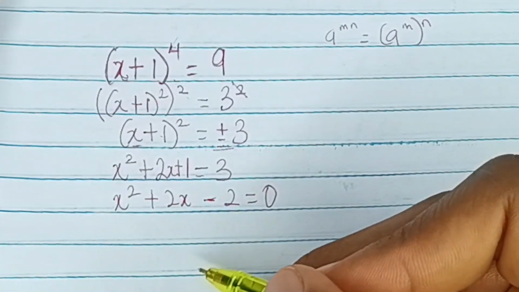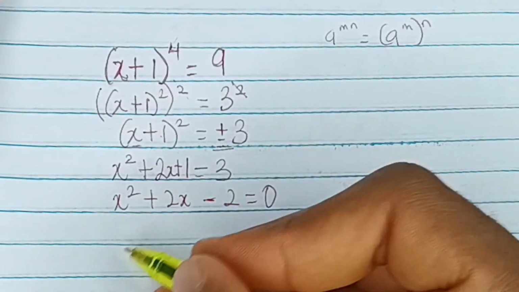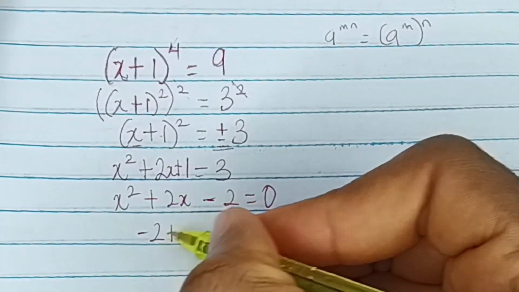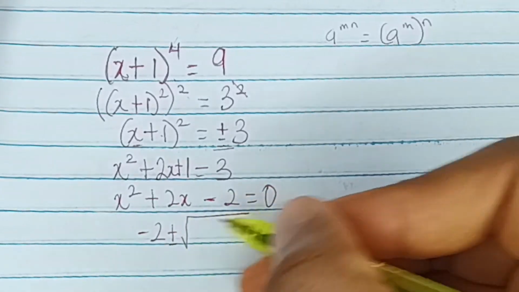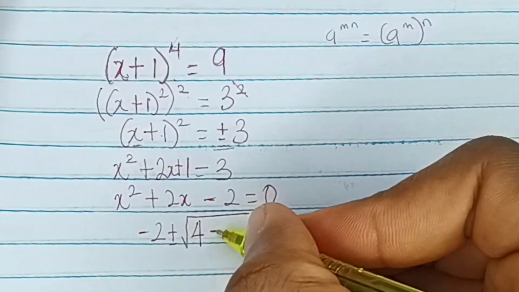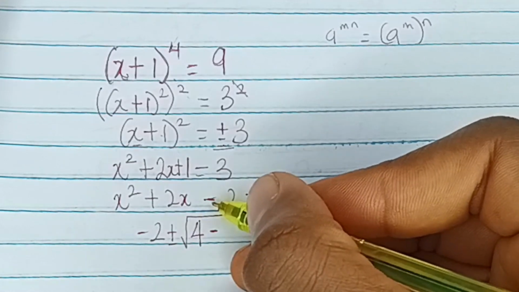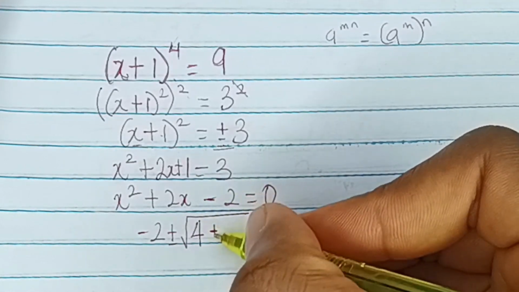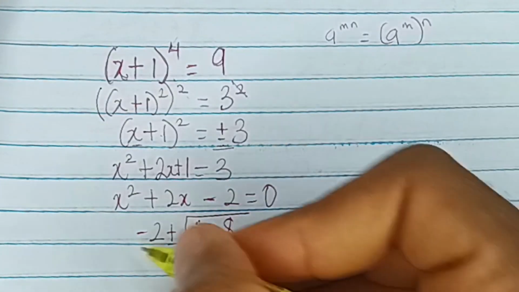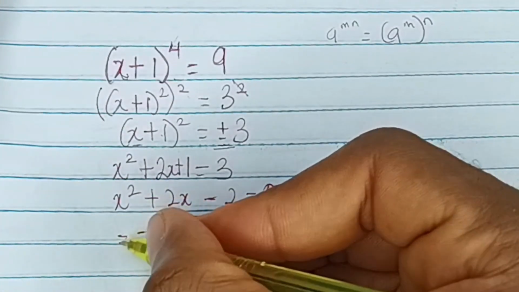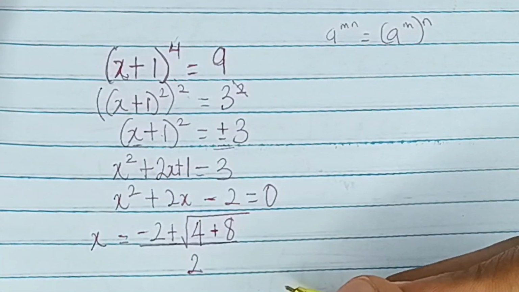Solving this with the quadratic formula, you have that minus 2 plus or minus the square root of 2 squared is 4, minus 4ac is minus this times minus this, which is plus 8, all over 2 times 1 is 2, and this is equal to x.